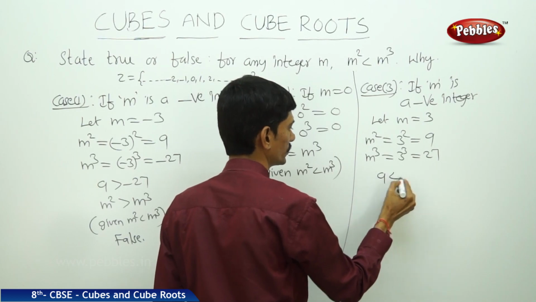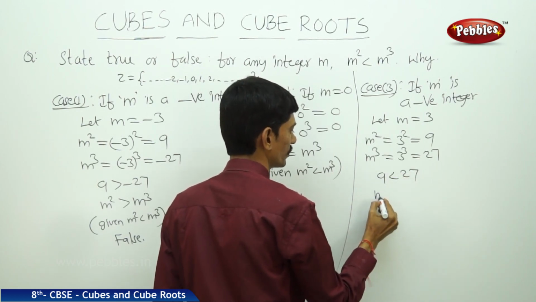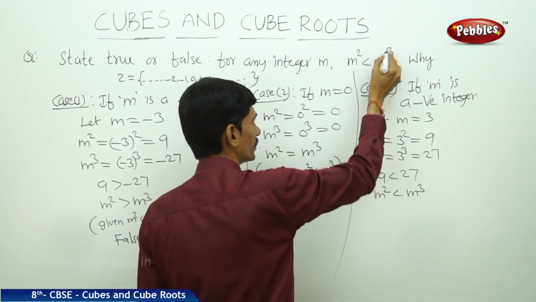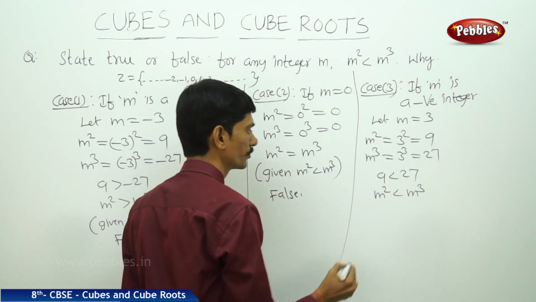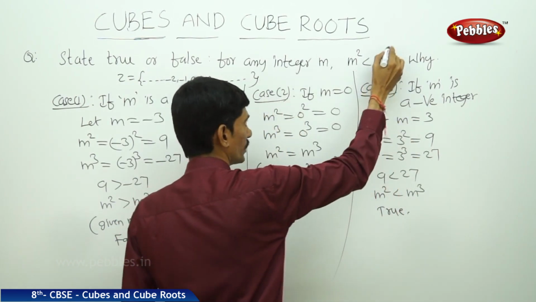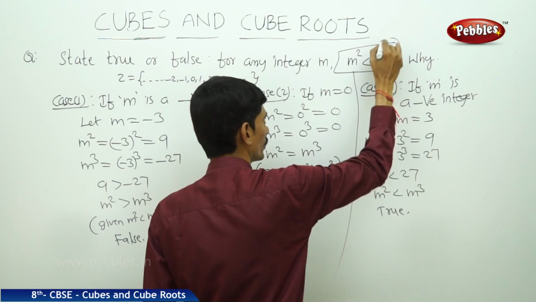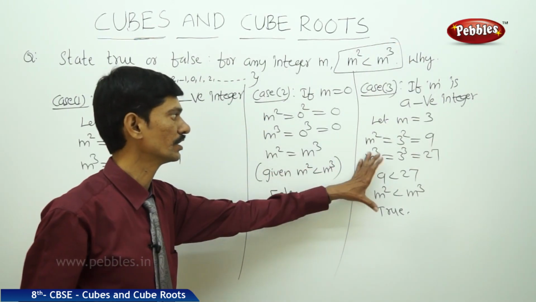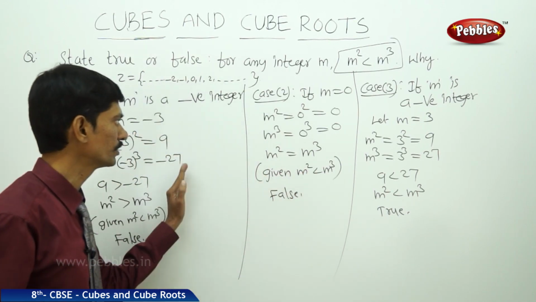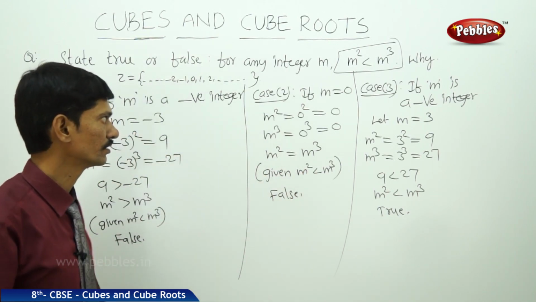So here 9 less than 27 means m square is less than m cube. So it is given that m square is less than m cube, therefore it is true. So m square is less than m cube is true only in case of positive integers. But in case of 0 and negative integers, it is false.